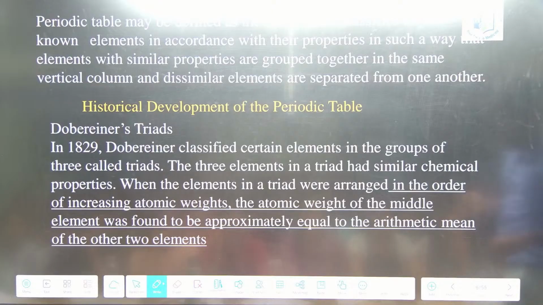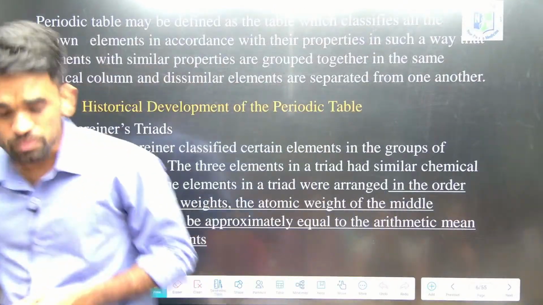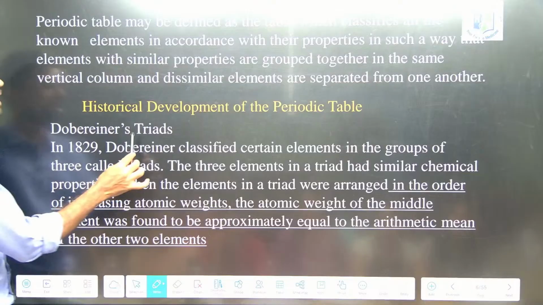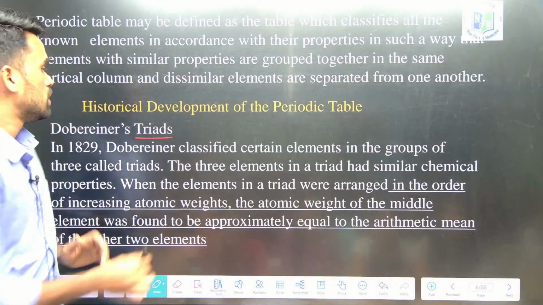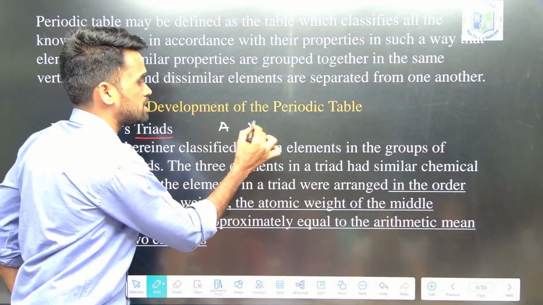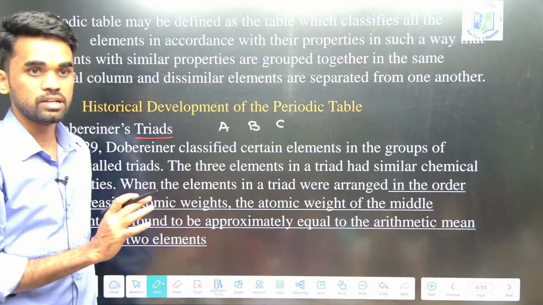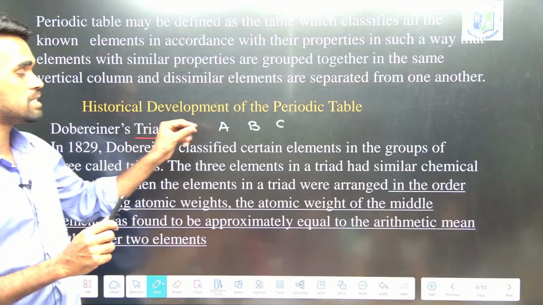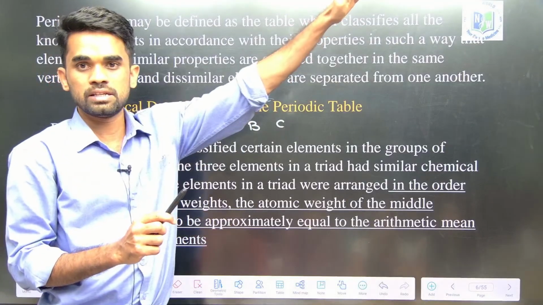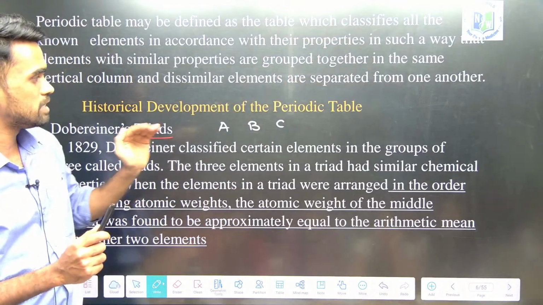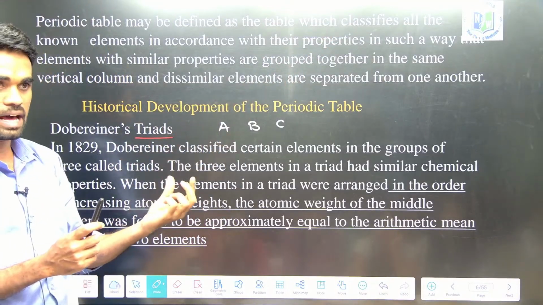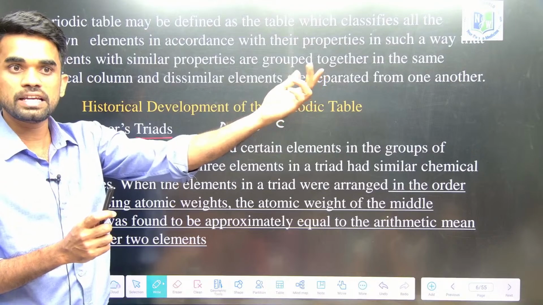So who is the first person to develop this? Döbereiner's triads. Triad means a set of 3 elements. He took 3 elements, let us consider A, B, C, and arranged them based on their increasing atomic weights.